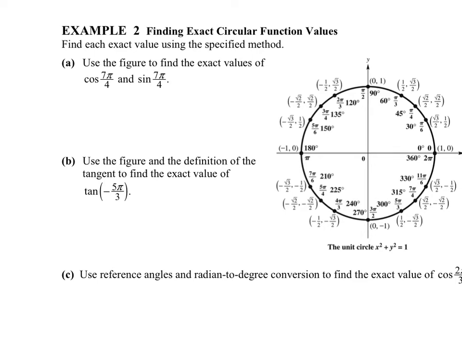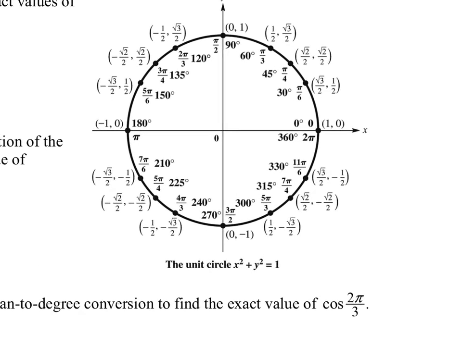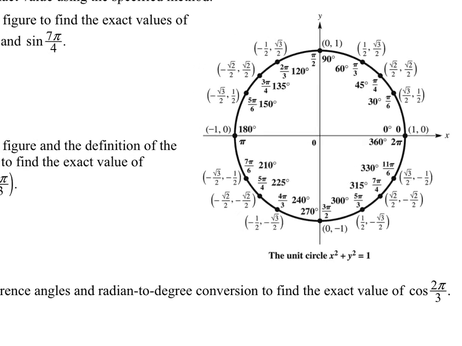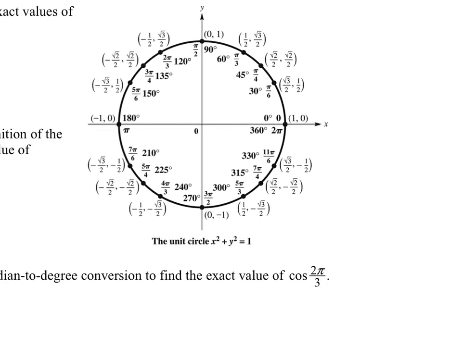Example 2. Use this figure to find the exact values of sine of 7 pi over 4 and cosine of 7 pi over 4. Again, what will I do? I'll find 7 pi over 4. Pi over 4 is in the middle of 90 degrees.